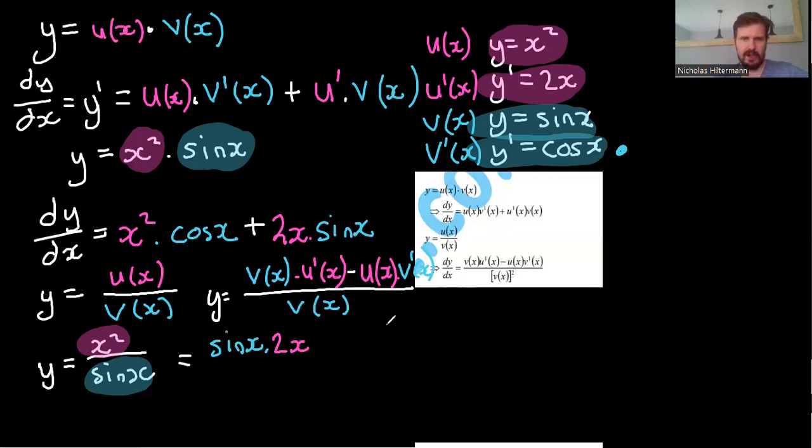Minus, now we leave the top unchanged, so that's x squared. Then the second bit is our v dash x, which I'm highlighting there in blue as well. The derivative of sin x is cos x. So this is simply subbing in, all it really is is a substitution, and then after that we may be able to simplify a little bit.